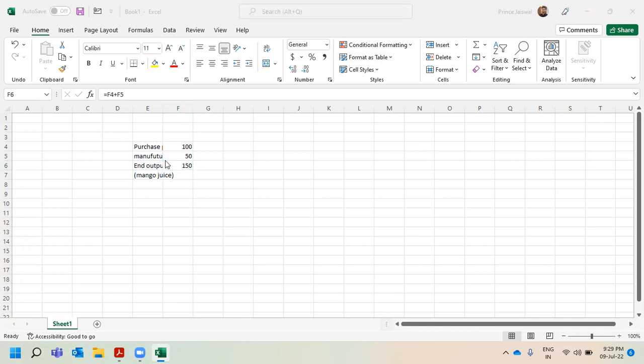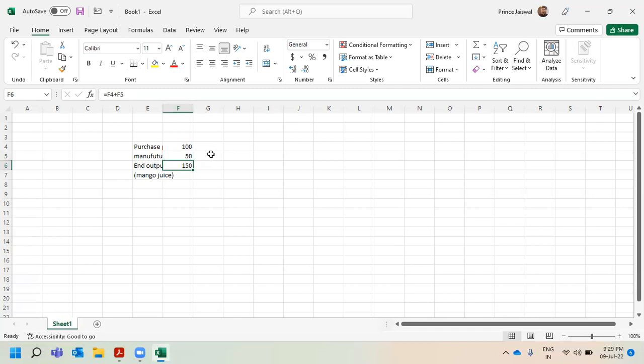We have incurred a purchase price of 100, and then we have manufactured it. The manufacturing cost we have incurred is 50 rupees, say we have used our labor to convert it. So the end output value will be 150.